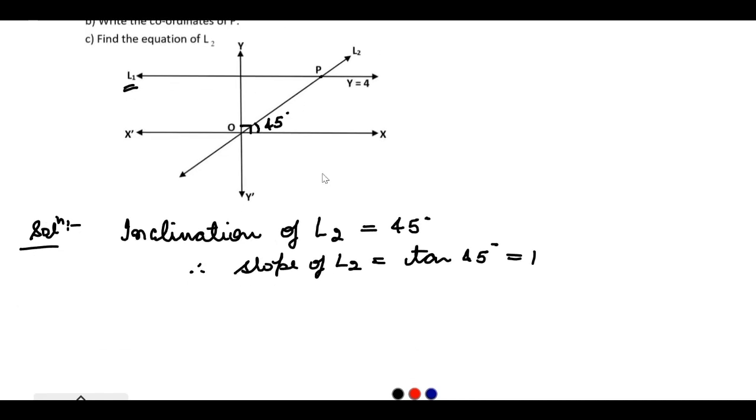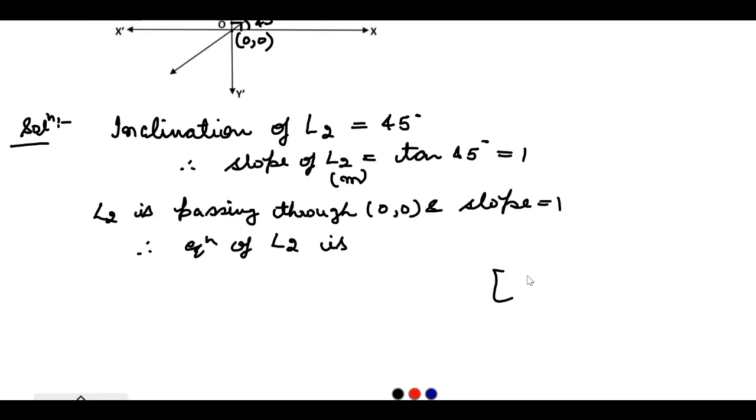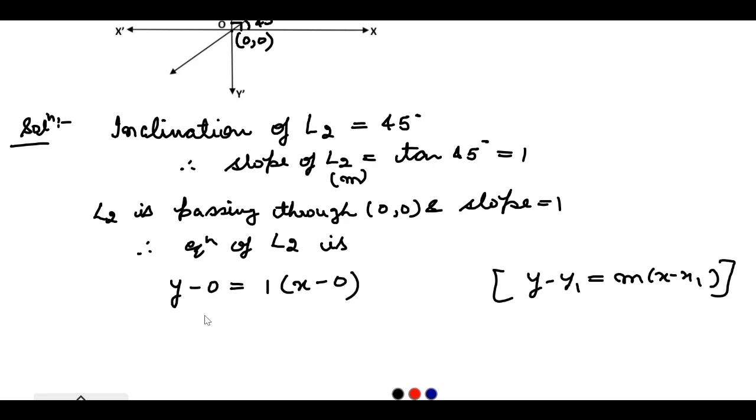Now, regarding L2, the slope m is known, and one point on L2 is known, that is 0, 0, because L2 is passing through the origin. y minus y1 is equal to m times x minus x1. Means the equation of L2 is y is equal to x.